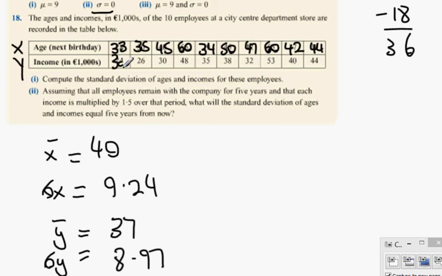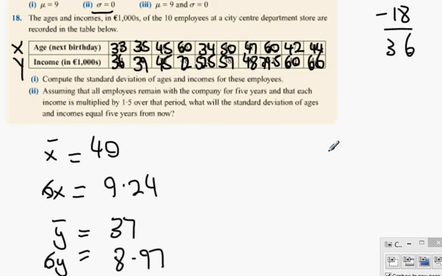Actually, I can do this. 39, 45, 72, thank you. 52.5? 57? 48? 69.5? 79.5. 60? And finally 66. Okay, grand.